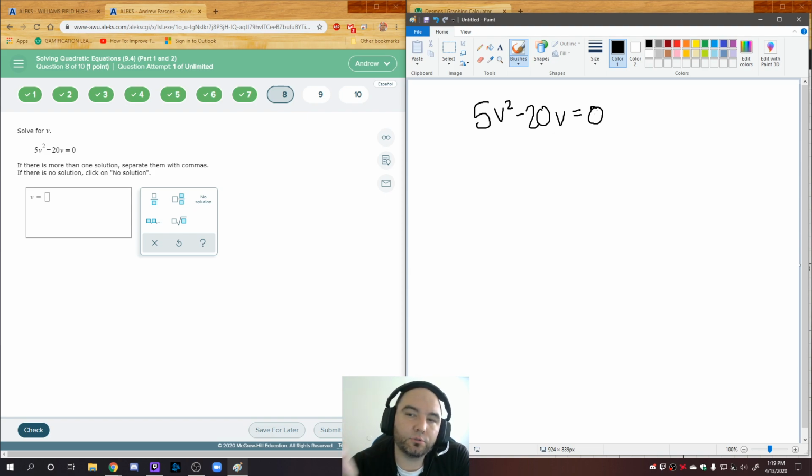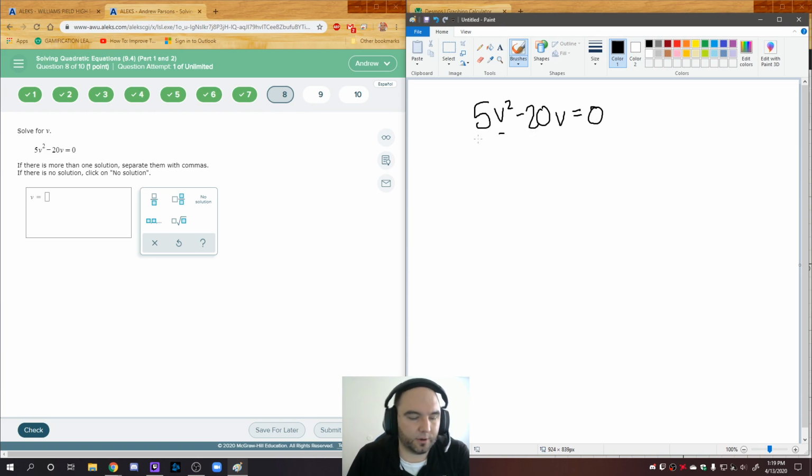You can't do either of those things here, really. Like, so here's what I mean. It's not factored, right? There's not stuff in parentheses, so I can't really use that zero product property yet. And it's not like the first ones where I can get v squared by itself, because there's this other v here, and it's not good math practice to push that to the other side and do stuff with it.